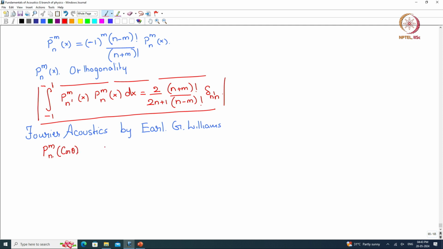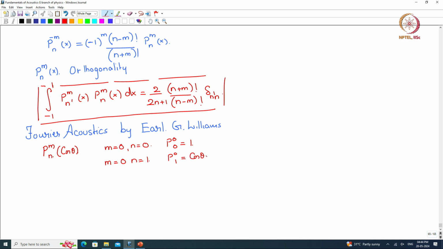If m is 0 and n is 0, we saw that P 0 0 is equal to 1. Now if m is 0 and n is 1, it was x, so here P 0 1 is cos theta.